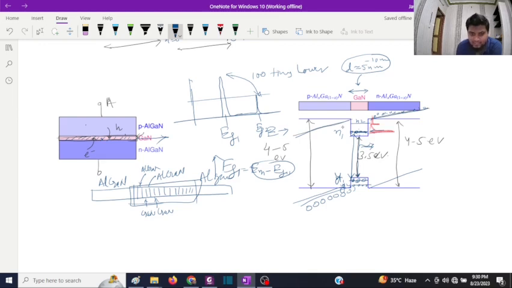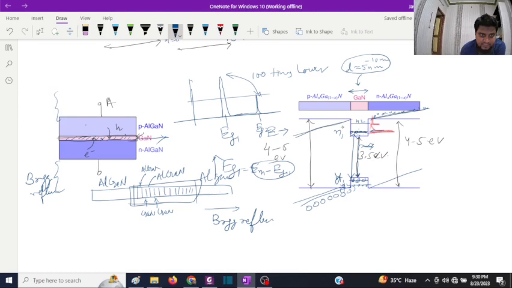For laser diodes, we also have special reflectors on both sides. That is called the Bragg reflector, which we can fabricate on the top side as well as the bottom side.